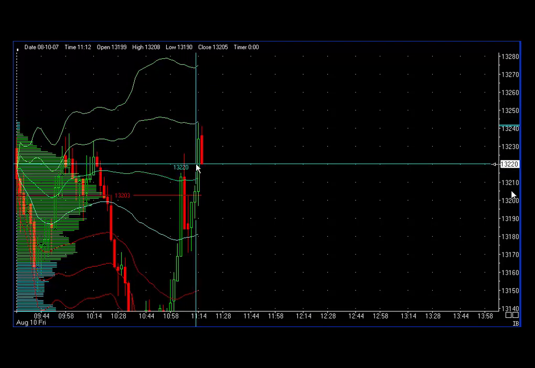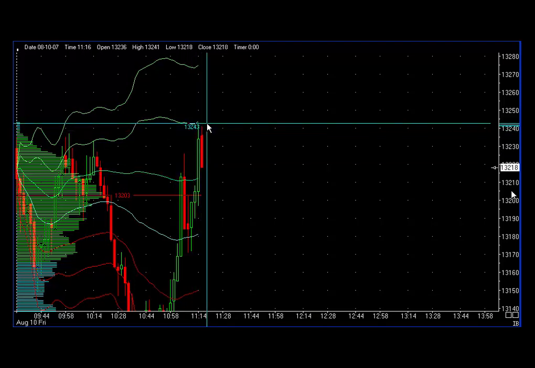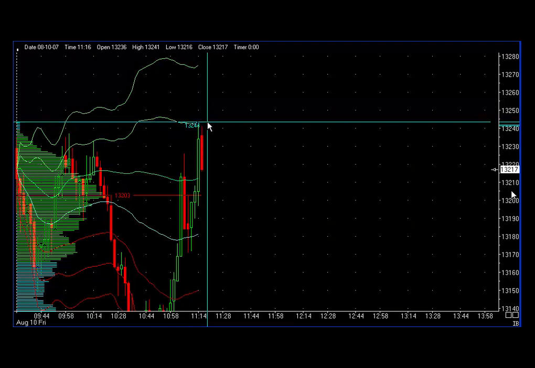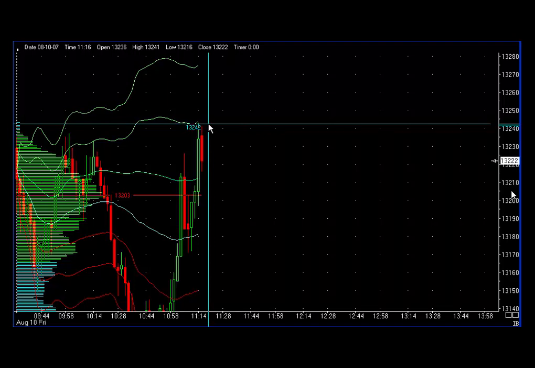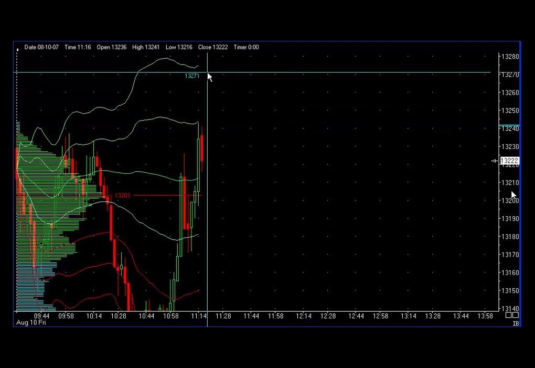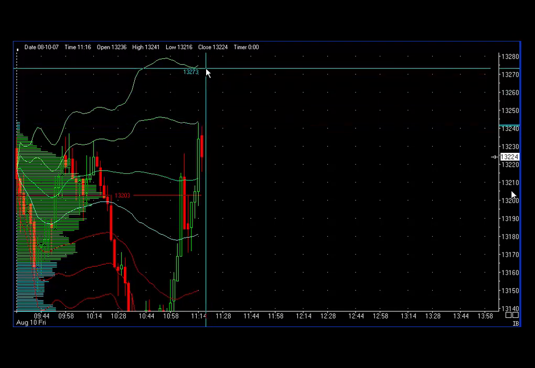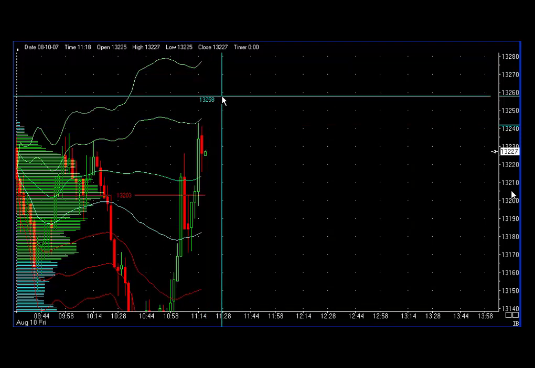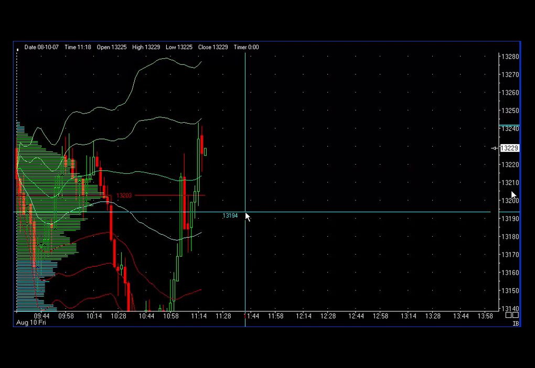If you're in just one contract, then take your exit at the second standard deviation up here. If you're in with more than one contract, take part of it off. Hang on if it's possible, and wait for the move up to the third standard deviation. Things like that will occur on strong breakouts.